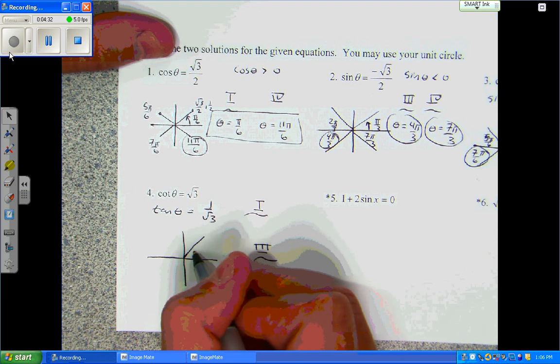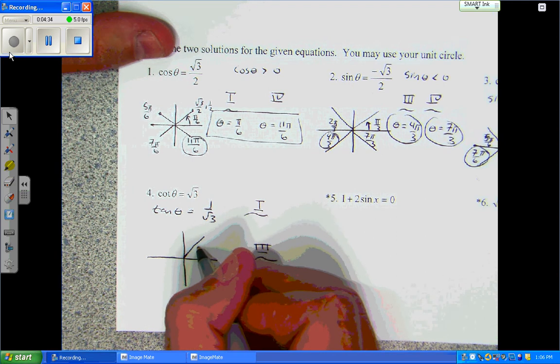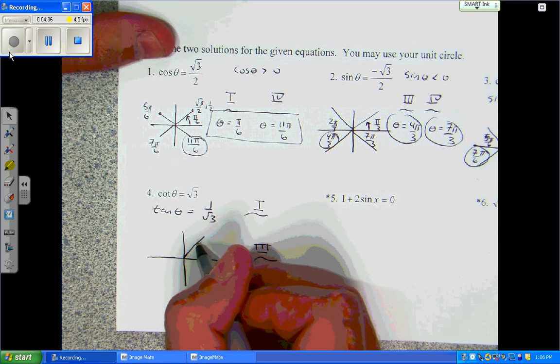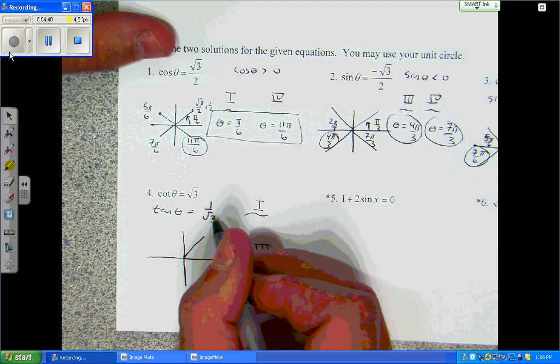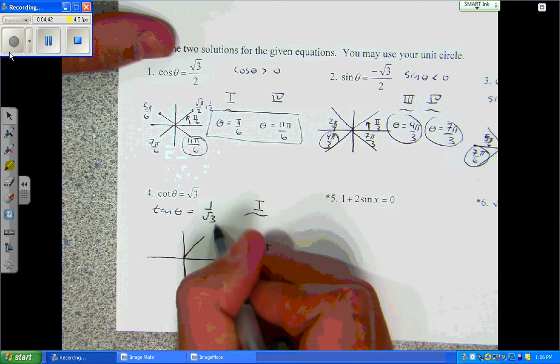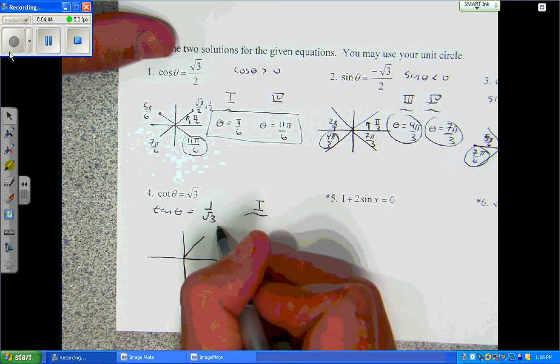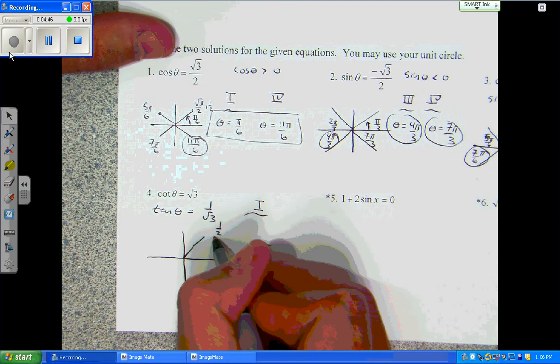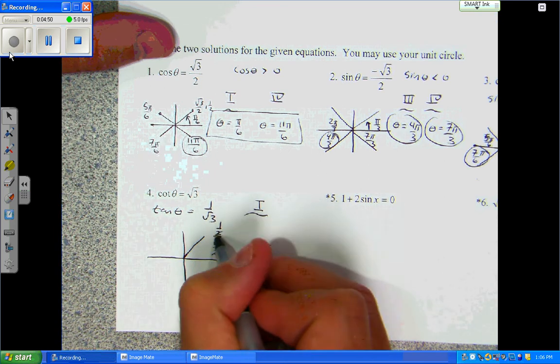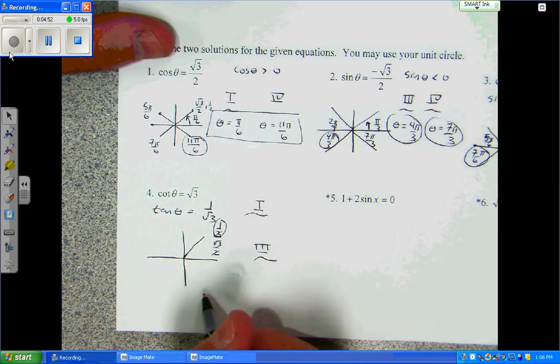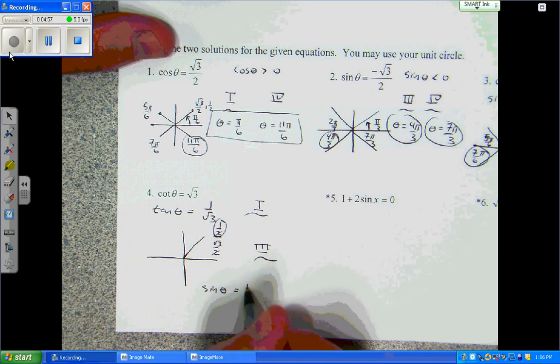So I'm going to work with what tangent means. Remember, tangent is sine over cosine, and both sine and cosine are going to have something over 2. So I just want to make sure I get the root 3 on bottom. So to do that, I'm going to do 1/2 over root 3 over 2. The 2's are going to cancel. So really what I'm looking for is where the sine of the angle equals 1/2.